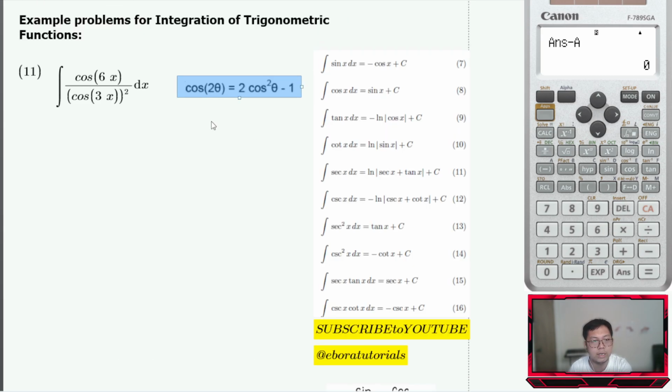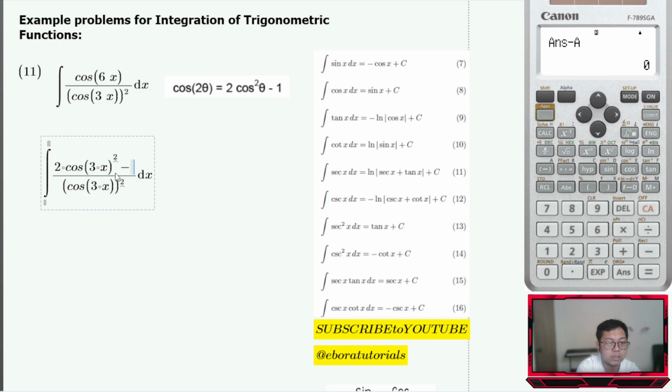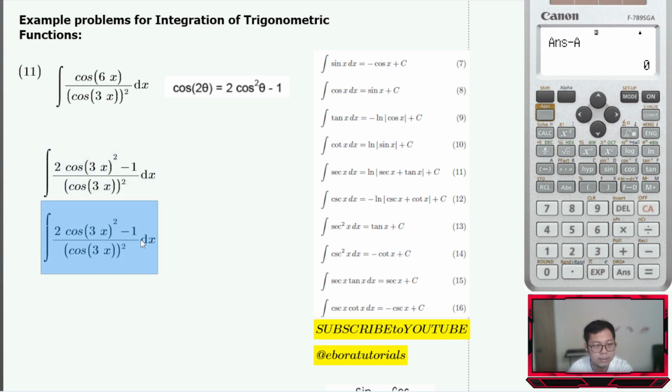Sige. So, with this, I can change cosine 6x with 2 multiplied by cosine 3x squared minus 1. Okay? And then notice, this is now easy because we can actually separate this one into two terms.